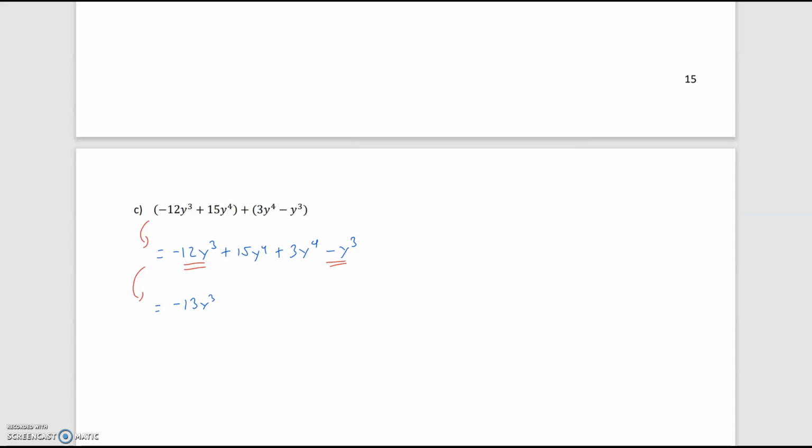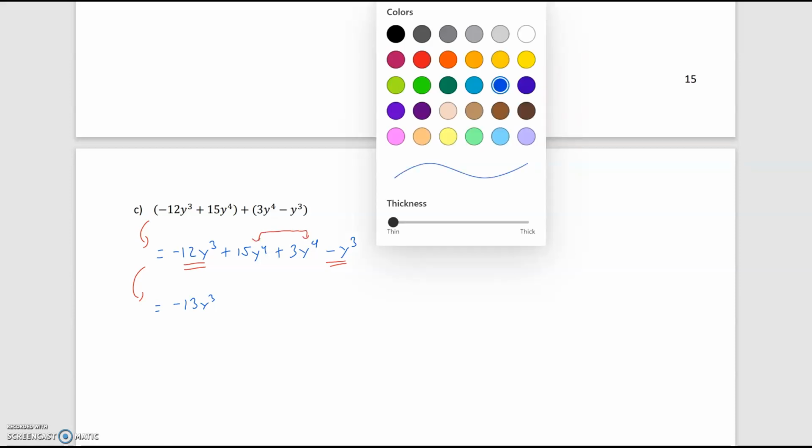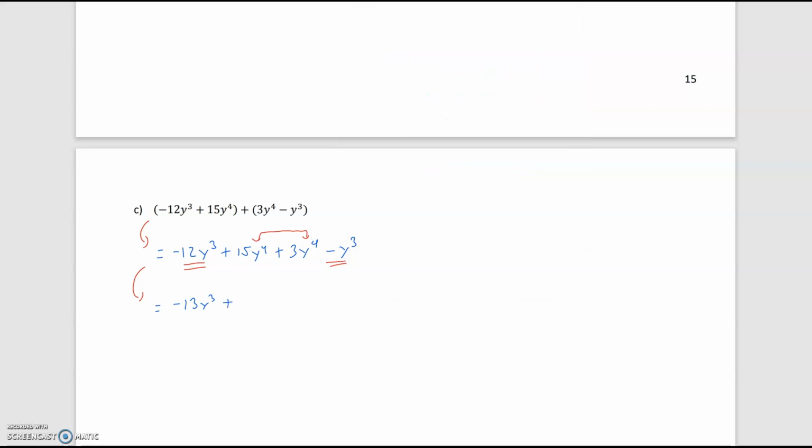And then for the y's to the fourth, we have 15 and 3. So that's going to be 18. So this will be plus an 18y to the fourth. And let me just rewrite it in descending order. So this will be 18y to the fourth minus 13y to the third.